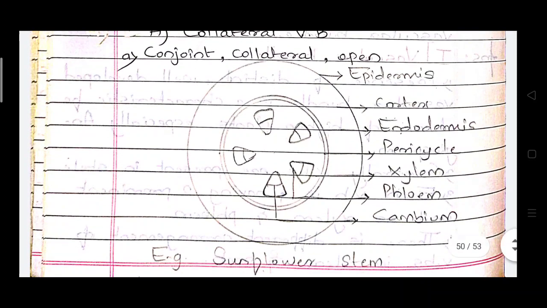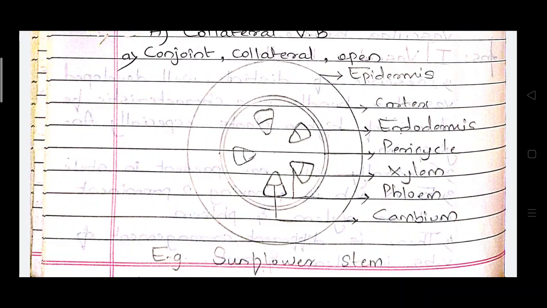This is the normal structure of the stem. The outer layer is the epidermis, followed by the cortex region, then the endodermis, and inner to the endodermis the pericycle is present. At the central region there are the vascular bundles.